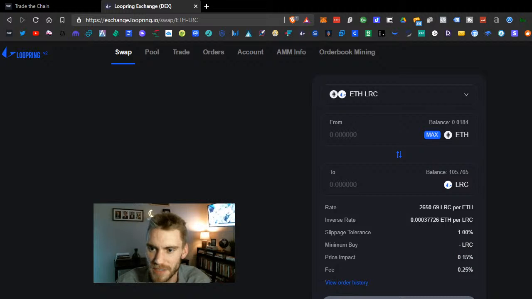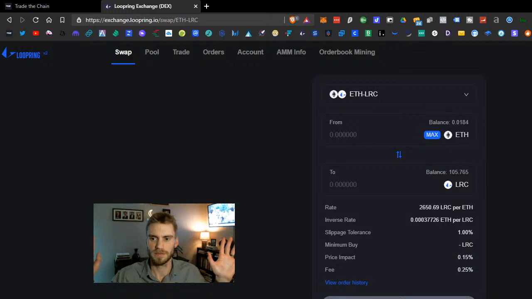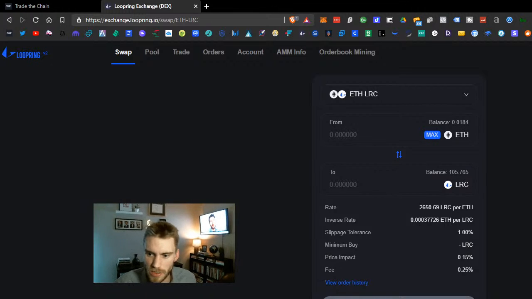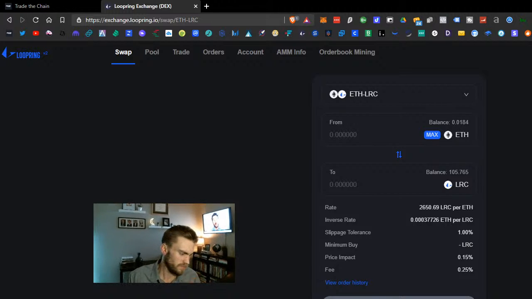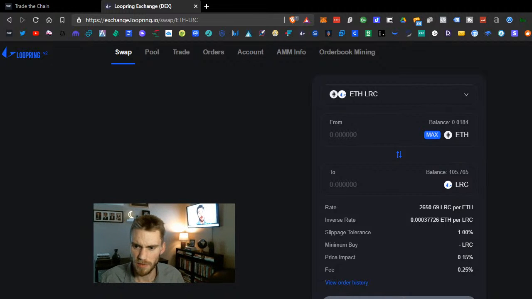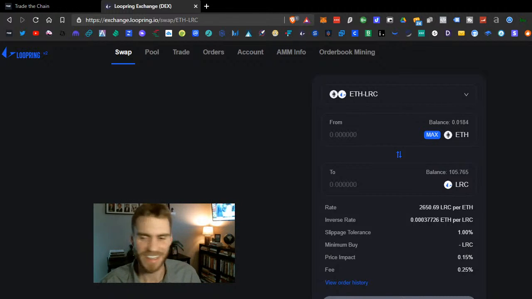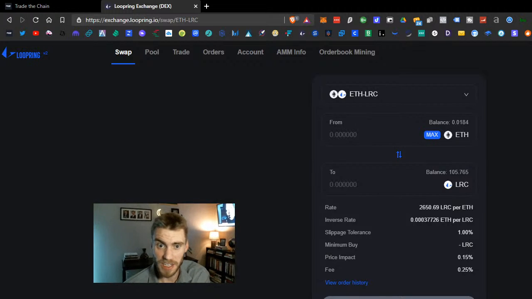Boom. Done. No $110 gas fee. Nothing crazy. I just got some LRC, which I believe was 40 cents or so when we covered it. It's like 70 now, I want to say.